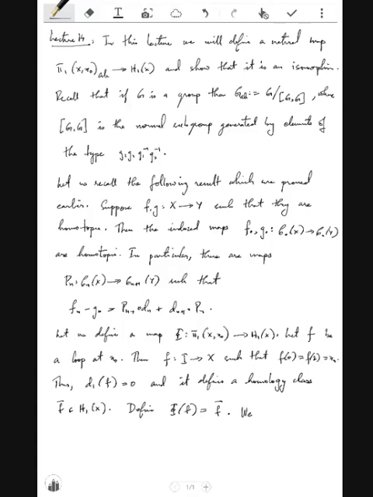So we need to check that if f is equal to g in pi 1 (X, x0), then phi of f is equal to phi of g.